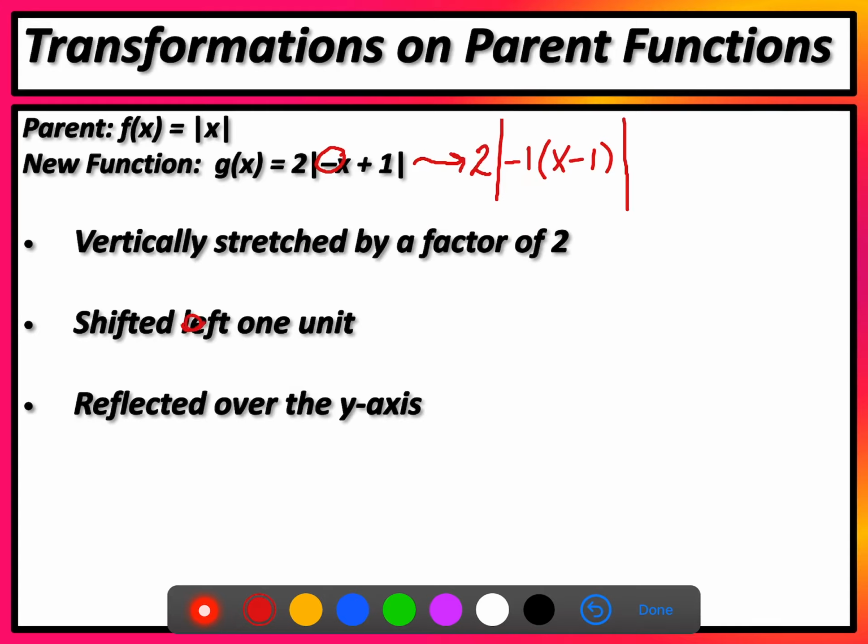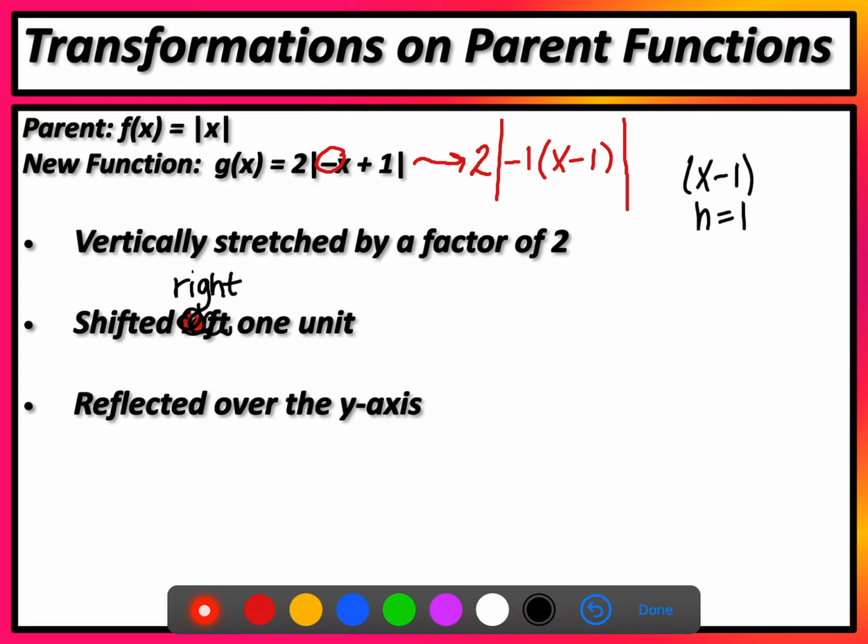Okay, so on the inside, I'm actually going to change this. This has been shifted to the right 1 unit. So let's talk about that. We factored out that negative, and when I look at the x minus 1, this is really telling me that h is a positive.